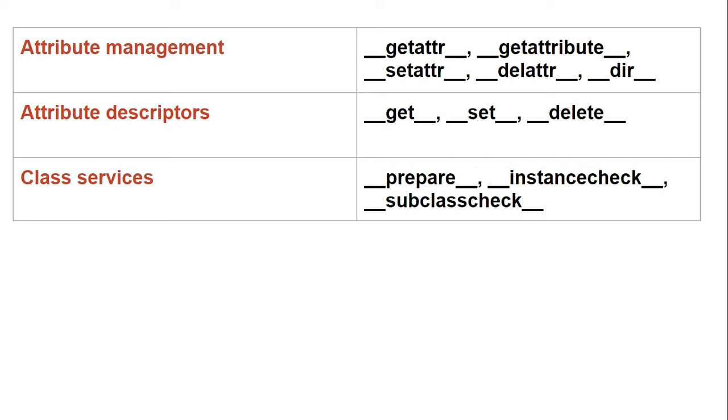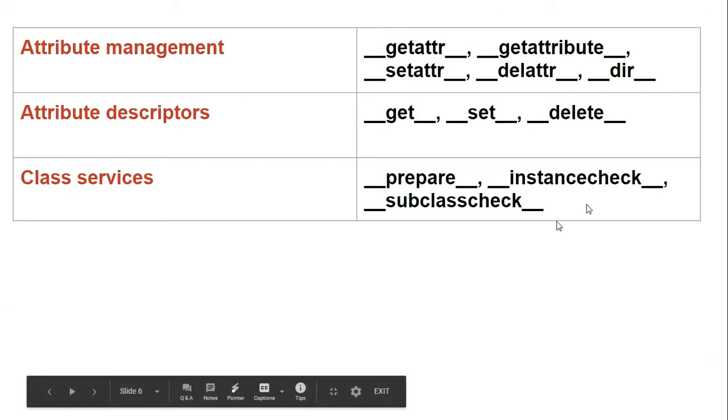Generally, when we develop frameworks, the knowledge of special methods comes into the picture. If you have a good understanding of special methods, we can customize our framework according to our needs. So these are the multiple types of special methods.